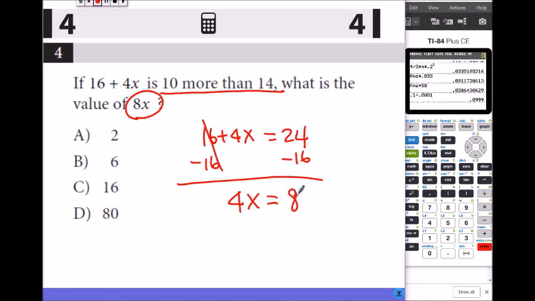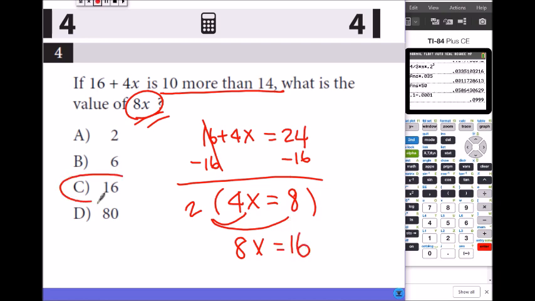Then what are we looking for? In order to get 8x, you can just multiply this whole equation by 2. So 8x equals 16. A lot of times, there will be a question like this where you don't have to completely solve for a variable, but you will see an easier way to find the answer using what they give you.